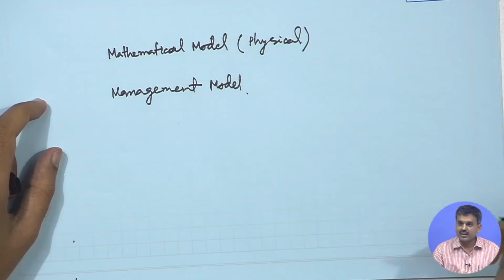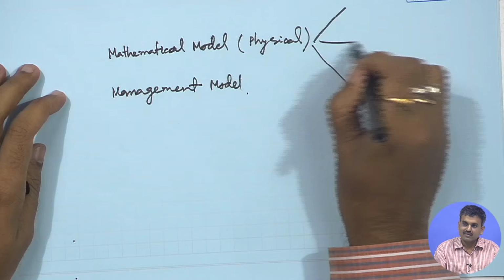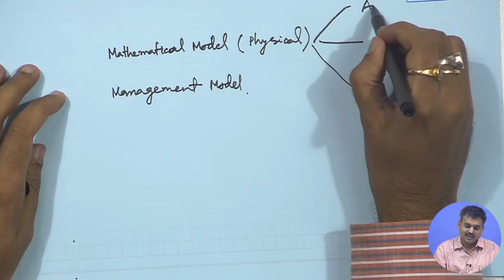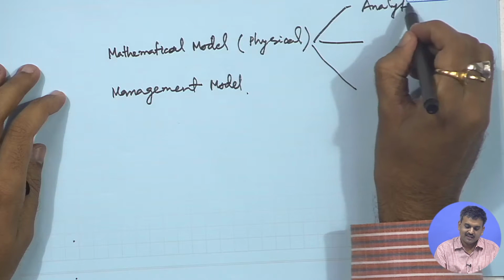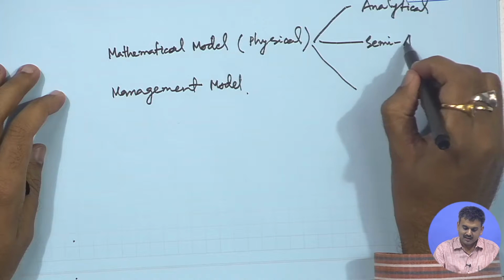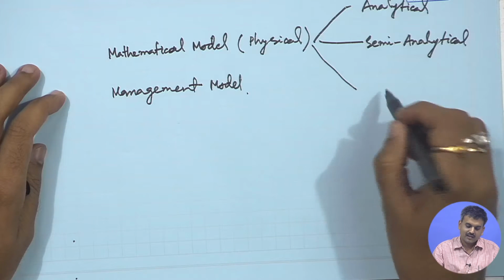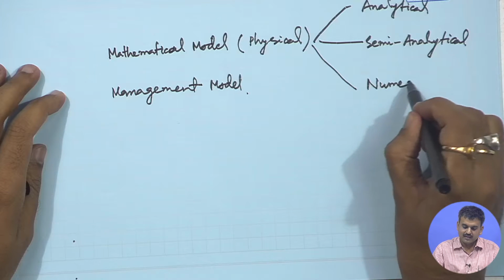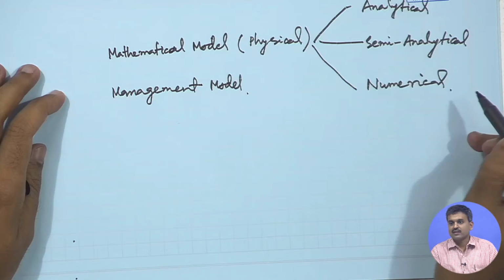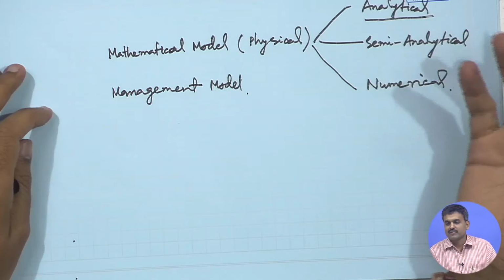Physical models can be of three types. One is analytical, second one is semi analytical, and third one is numerical.